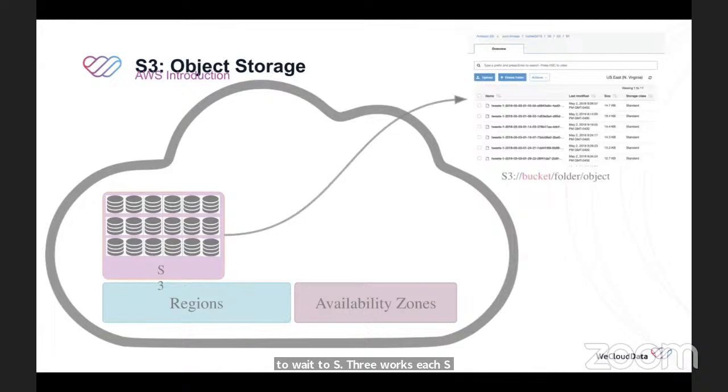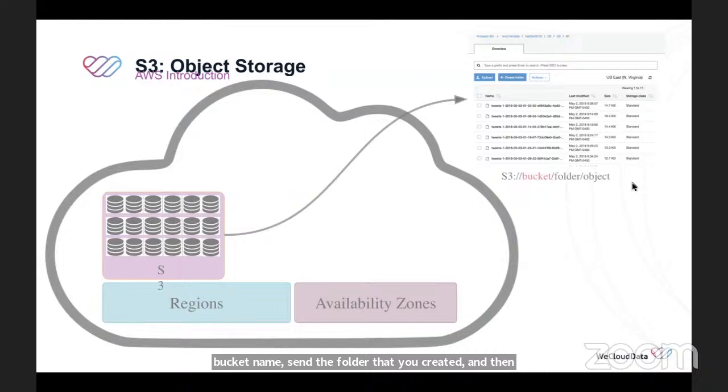You create a name for that bucket, and everything that you upload or store in that bucket will be given a unique URI. The way the URI is usually created, you have the bucket name, then the folders that you created, then the subfolders, and all the way down to the object itself.